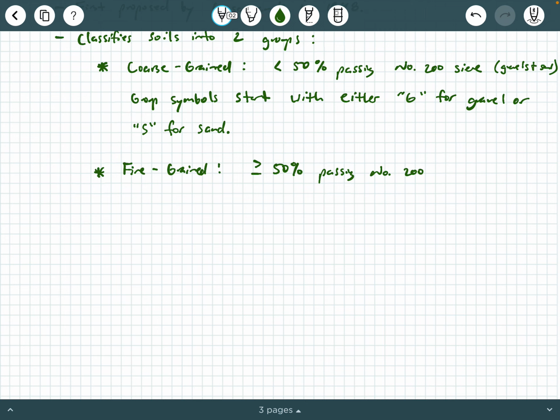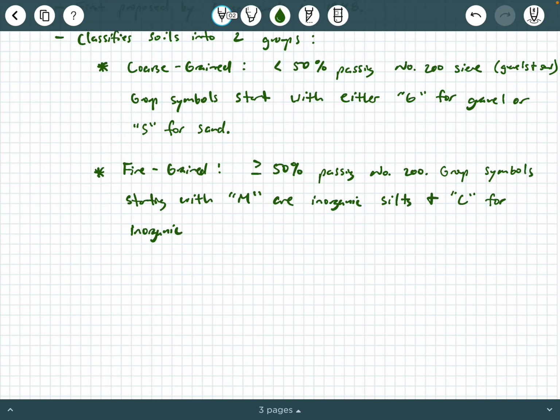So group symbols starting with M are inorganic silts, and C for inorganic clay, okay?